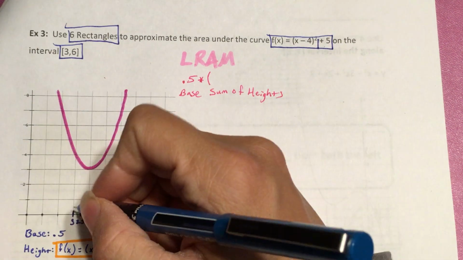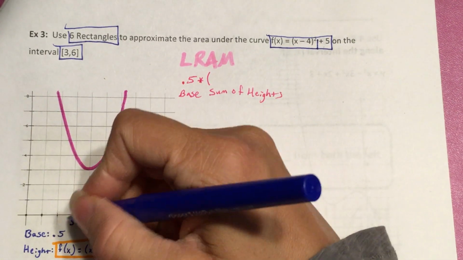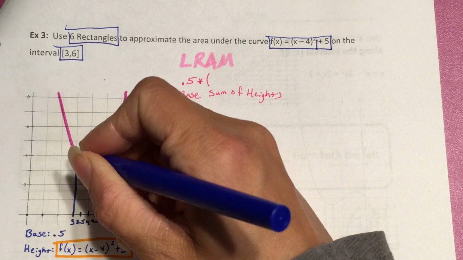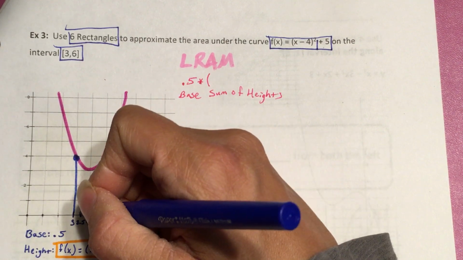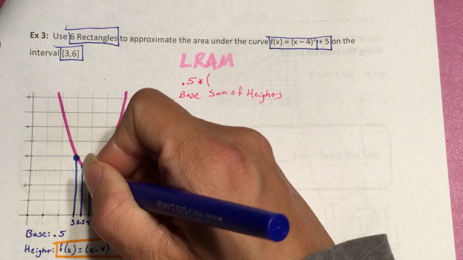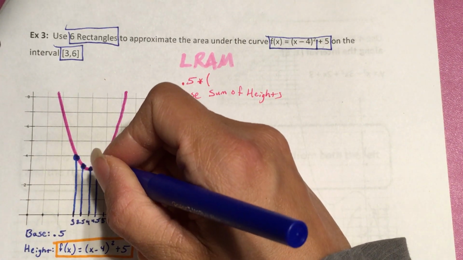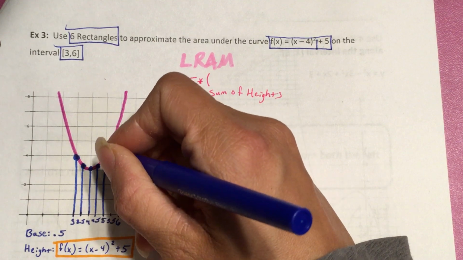We're going to extend up from that starting interval, draw a dot on the function. Extend up, dot on the function. Extend up, dot on the function. Extend up, dot on the function.